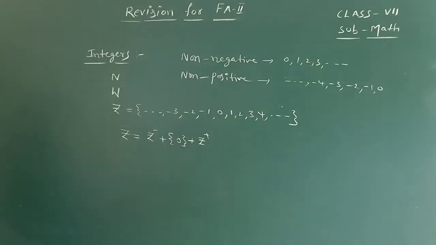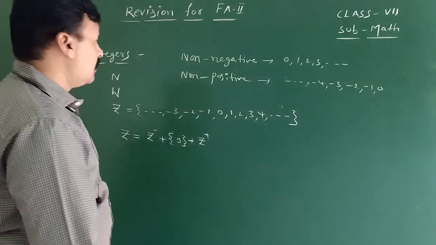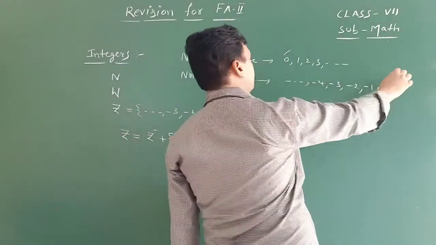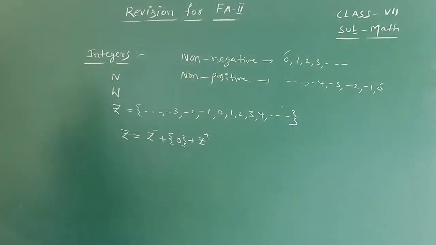Non-positive means except positive. Non-negative means except negative. Here the intersection of non-positive and non-negative is 0 because 0 is neither positive nor negative.